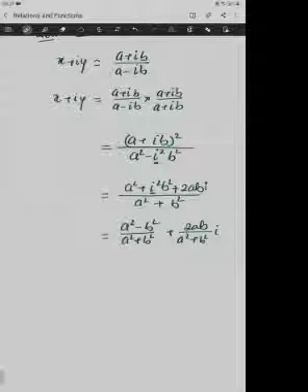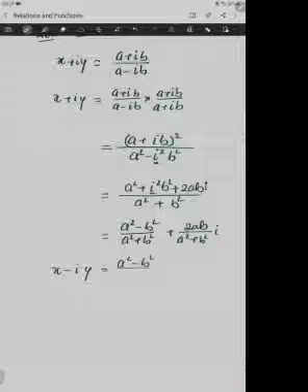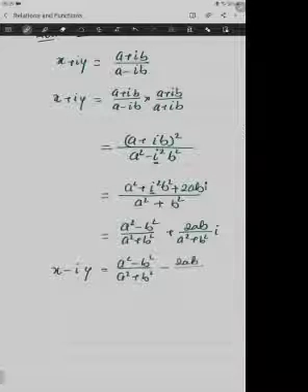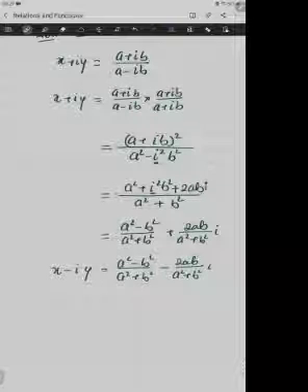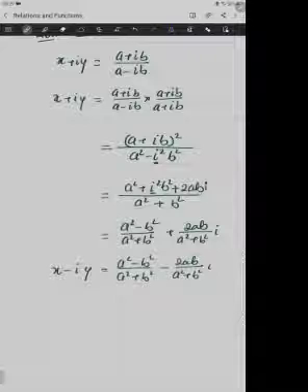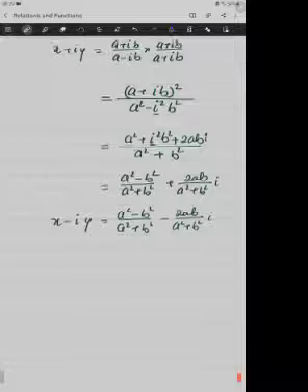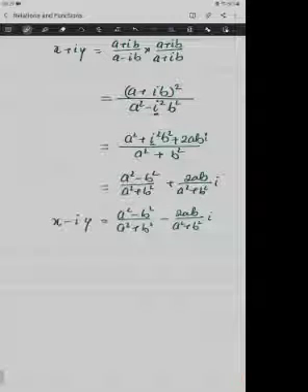Now, if I am going for its conjugate, then its conjugate will be x minus iy equals a square minus b square upon a square plus b square minus 2ab upon a square plus b square i. Now again the same step, multiplying both the things, equation 1 and equation 2.